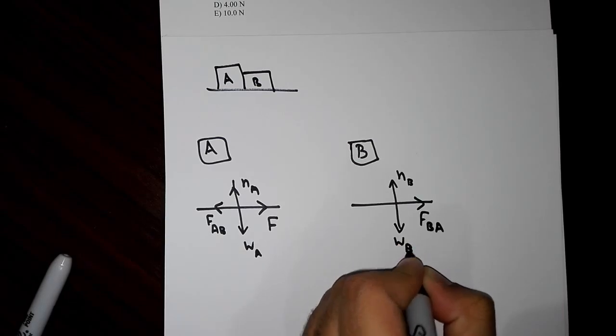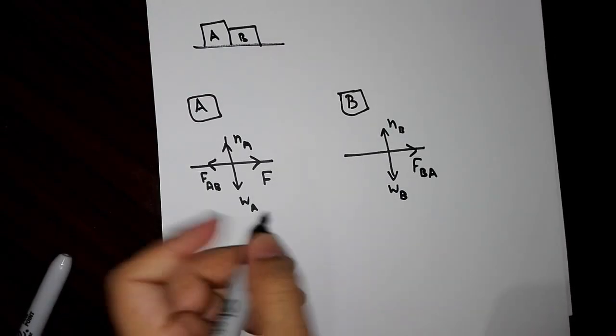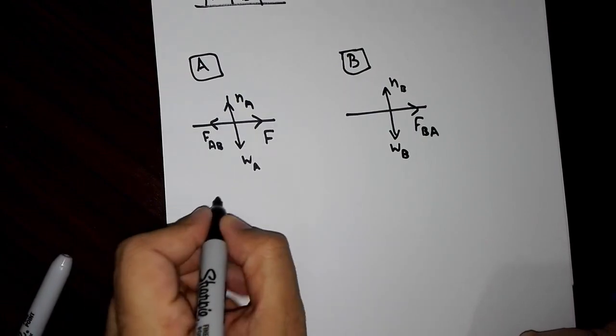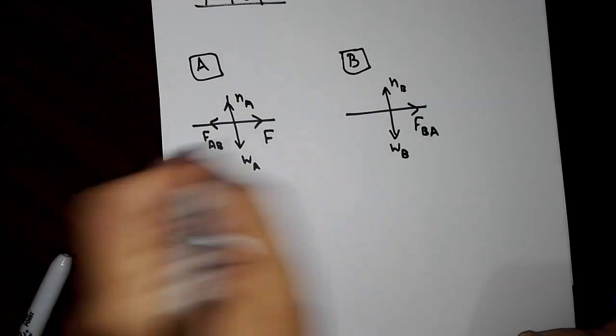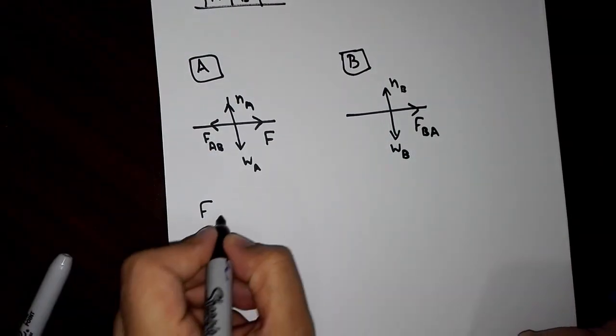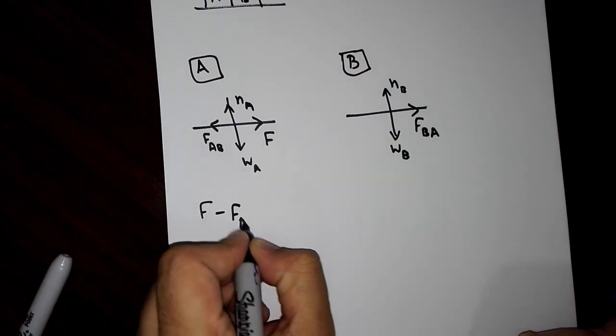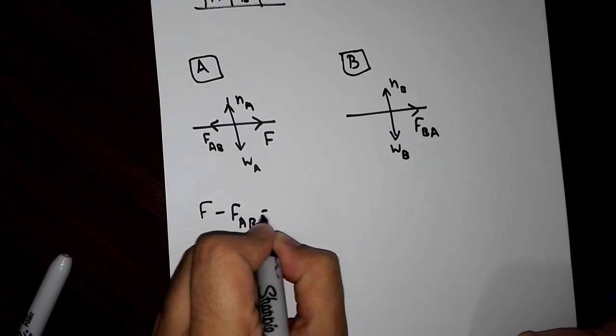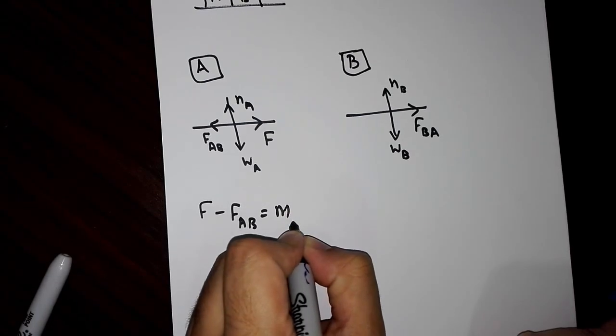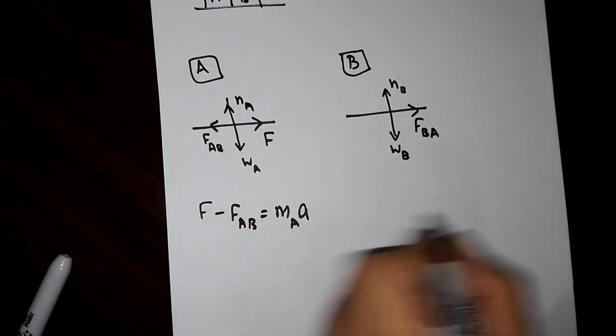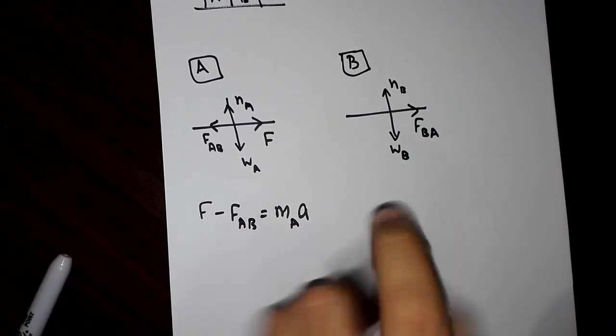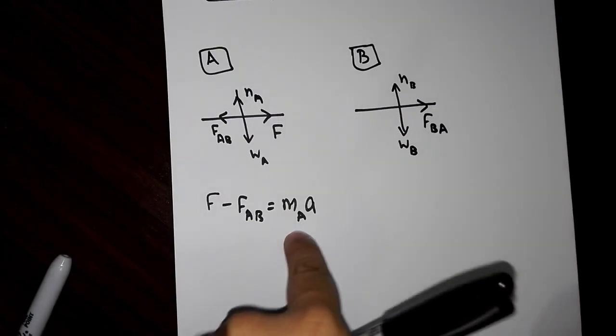Okay. So then if you write the equation for this, I'm just going to do the horizontal direction, the X direction. So F minus FAB equals MA times A, and make sure you have the mass of block A over here.